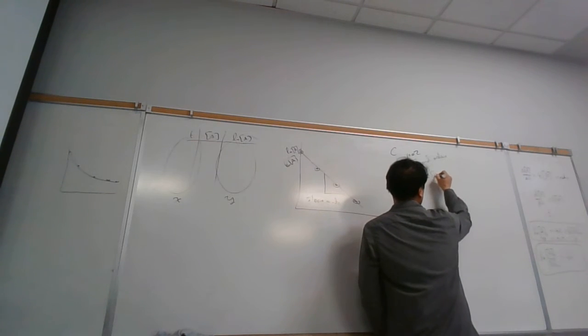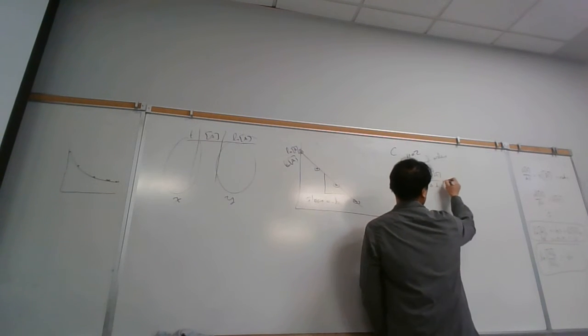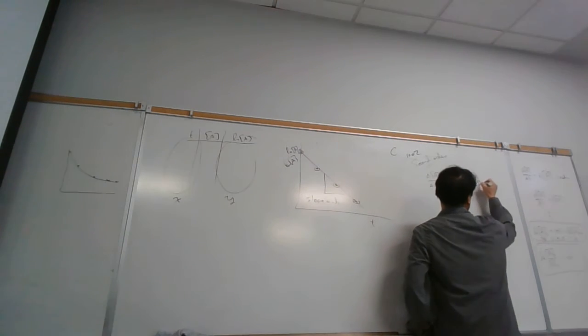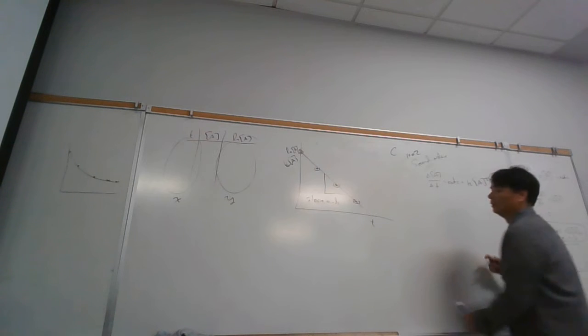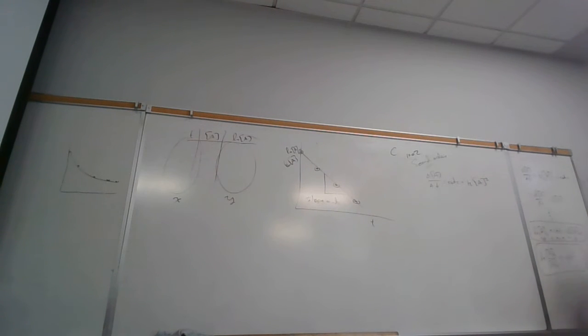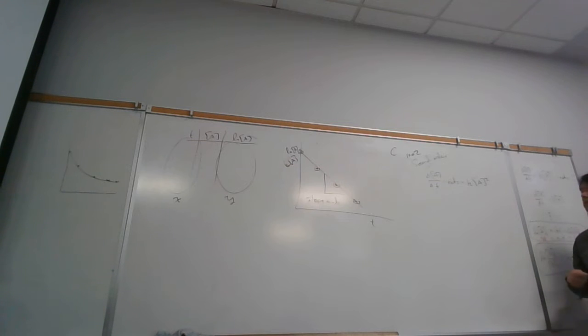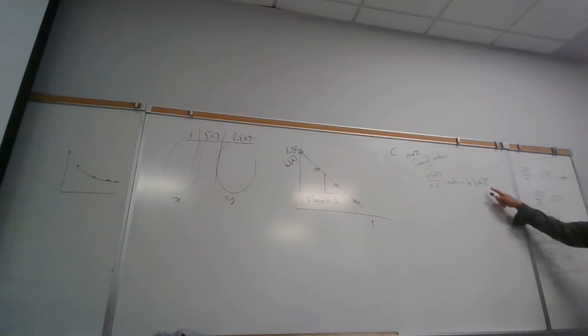Here, delta A over delta t, the rate, is equal to k A squared. So this has an interesting dependence: if you double A, it's going to go 4 times faster. If you cut A in half, it goes 4 times slower. And so it has this square dependence.